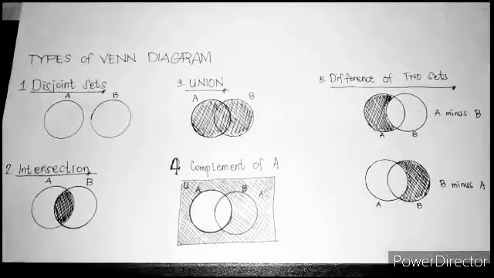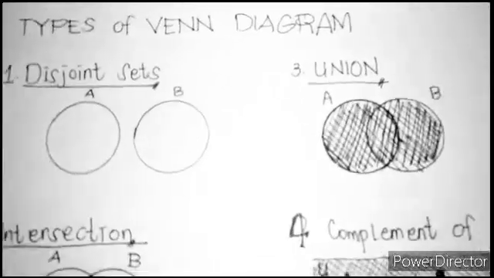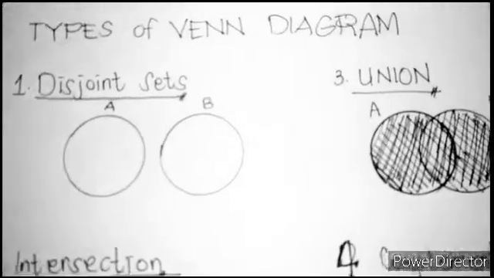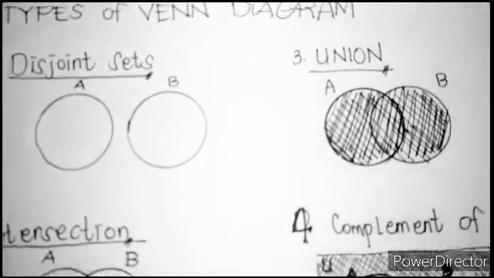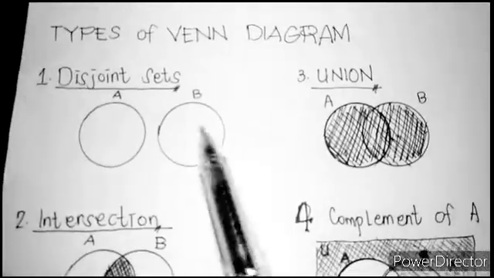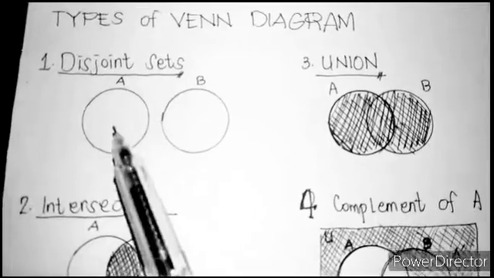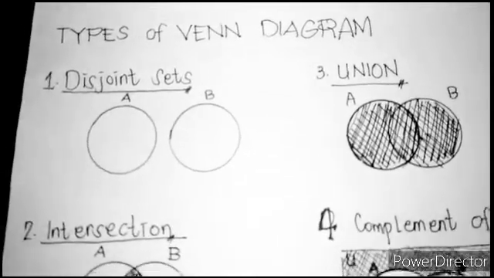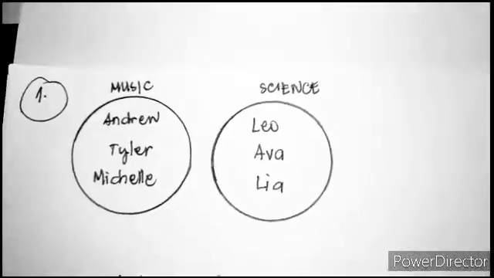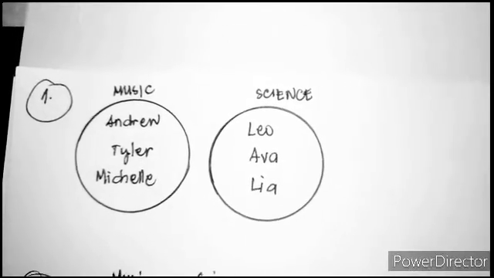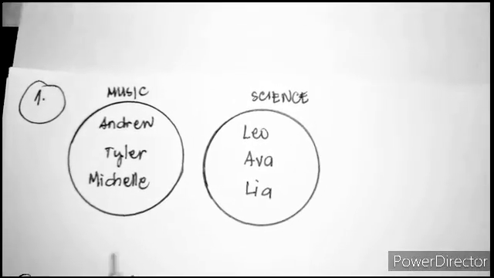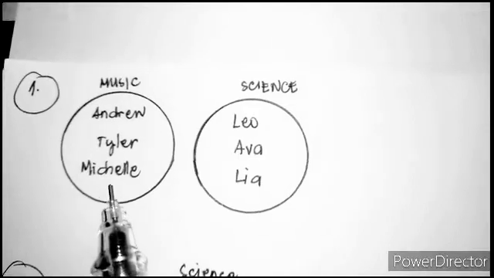So, types of Venn diagram. First, we have disjoint sets. They have no commonalities, no common elements, so they are represented by separate circles. For example, as you can see, separate two sets.